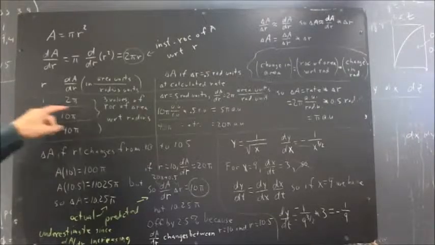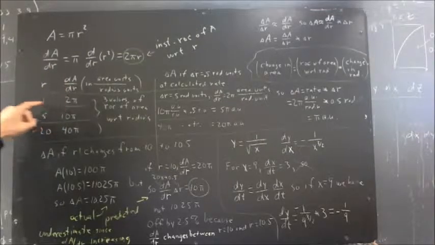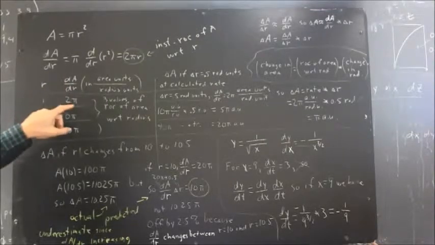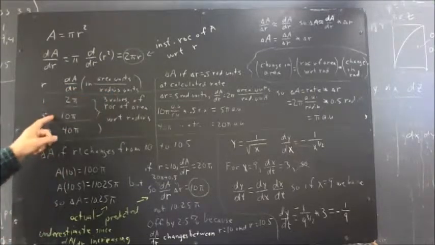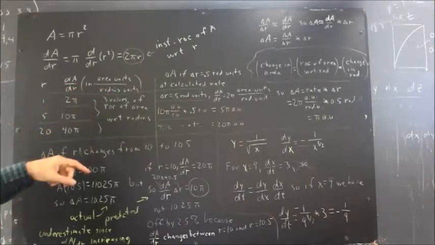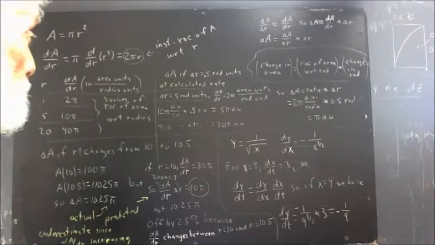So the rate at which the area changes as you change R when R equals 1 is 2 pi area units per radius unit. Here the change is 10 pi area units per radius unit. Here it's 40 pi area units per radius unit. Okay.